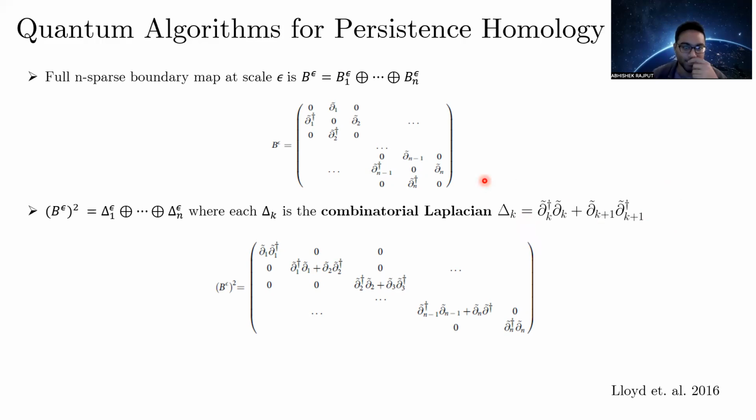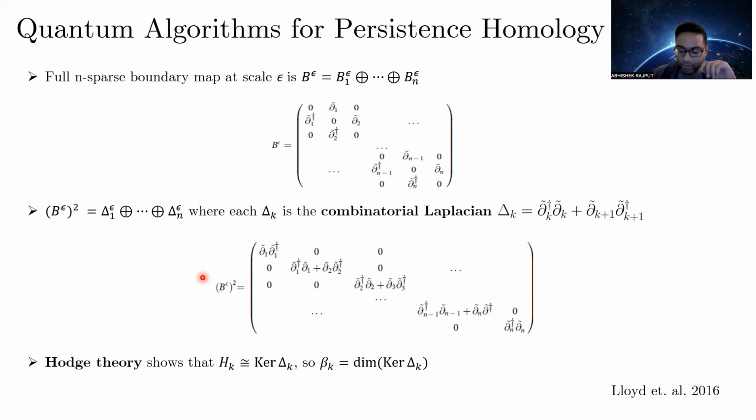So why do we care about this object? There's an entire theory called Hodge theory in differential geometry, which says that the Betti numbers, the dimensions of the homology groups, you can get from looking at the kernel of this operator. There's a discrete version adapted to our discretized case, where we're considering not just manifolds but simplicial complexes.